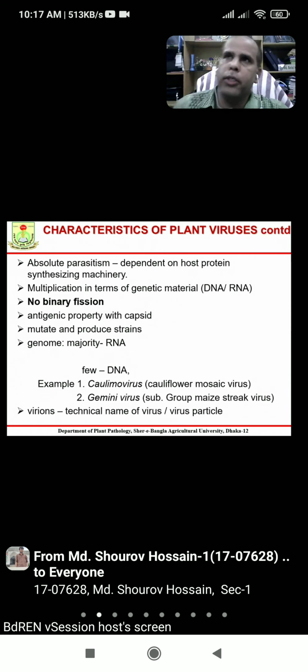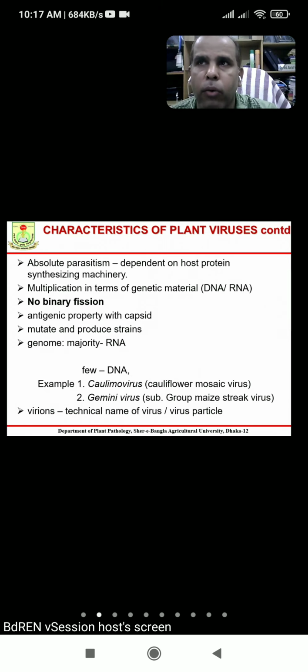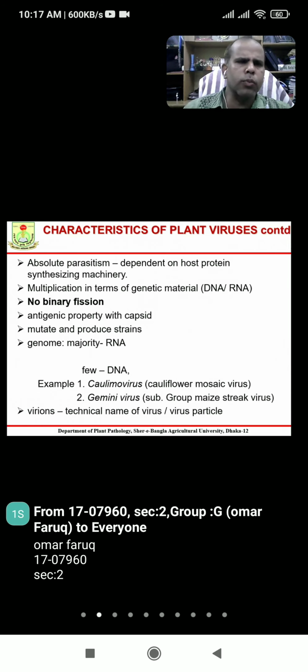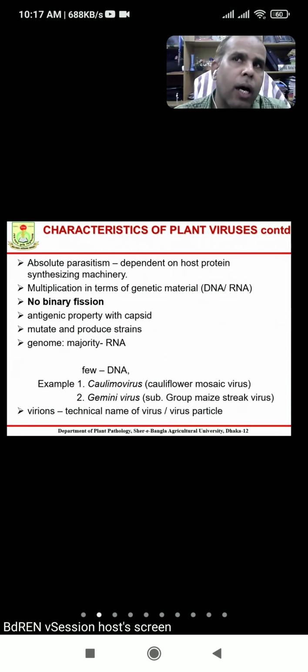Absolutely parasitic. Absolutely parasitic means, as we know, fungi are also parasites, for example, rust fungus is a parasite, powdery mildew fungus is a parasite. But a virus is an absolute parasite. That means without a living cell, it can't survive. Dependent on the host protein synthesis machinery, as I already told you, the virus depends only on the synthesis and replication mechanism of the host cell.